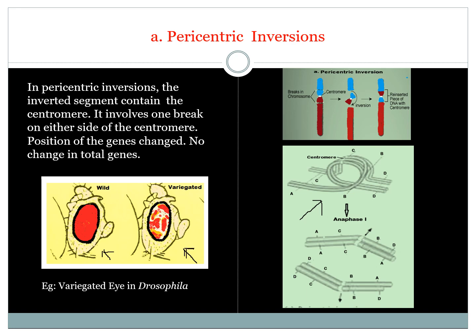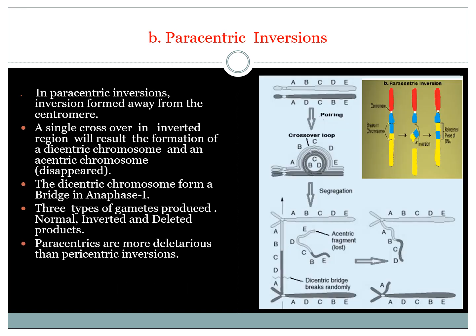The next one is paracentric inversions. In this type of inversion, the centromere is present outside the inverted region. See here, in this diagram, the centromere is present outside the inverted region. A single crossover in the inverted region will result in the formation of a dicentric chromosome and an acentric chromosome.